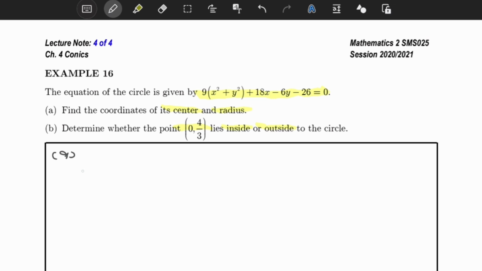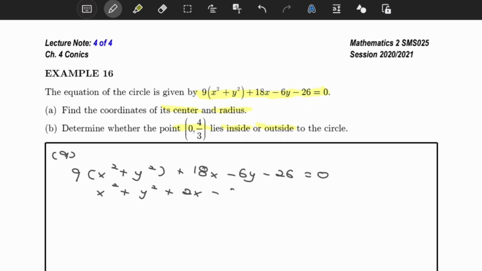Copy the equation. So we have 9x squared plus y squared plus 18x minus 6y minus 26 equals 0. So let's divide every term by 9. So we are going to get x squared plus y squared plus 2x minus 2/3 y minus 26/9 equals 0.